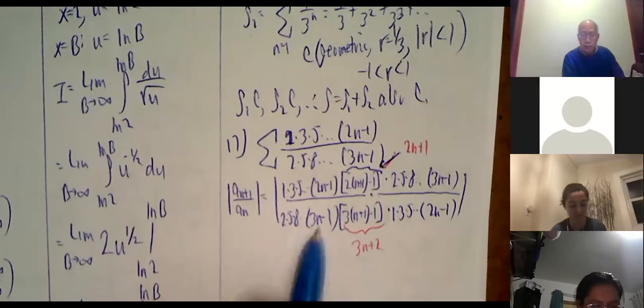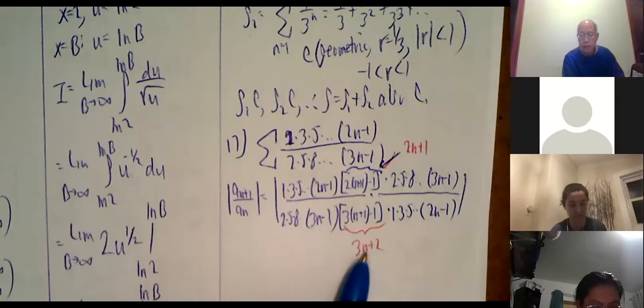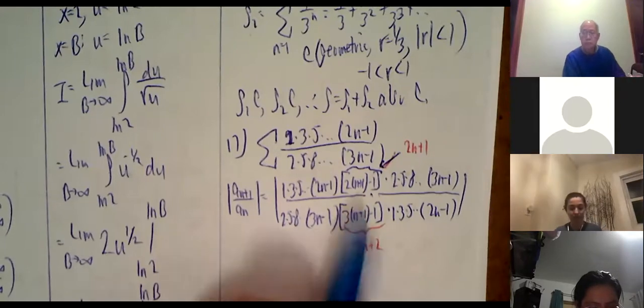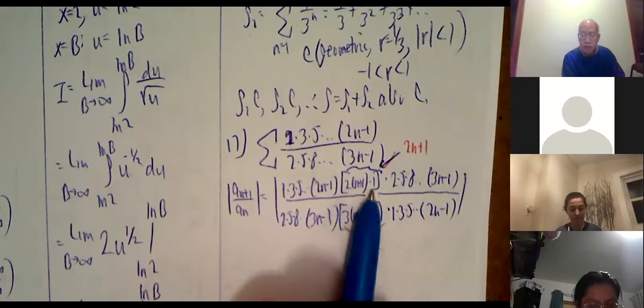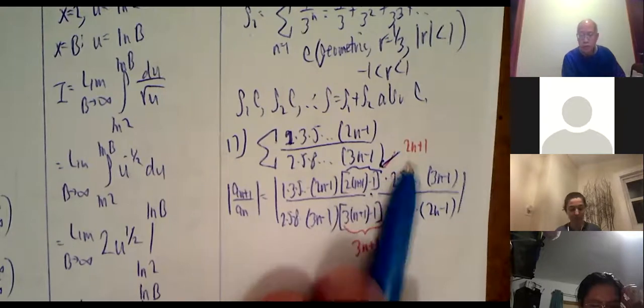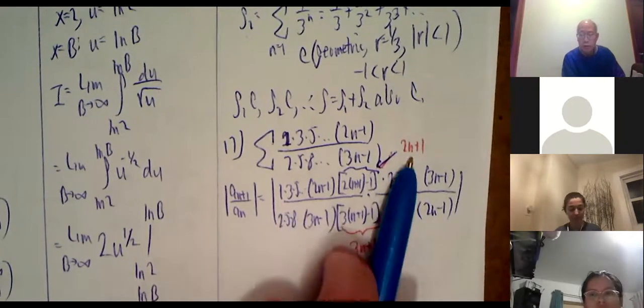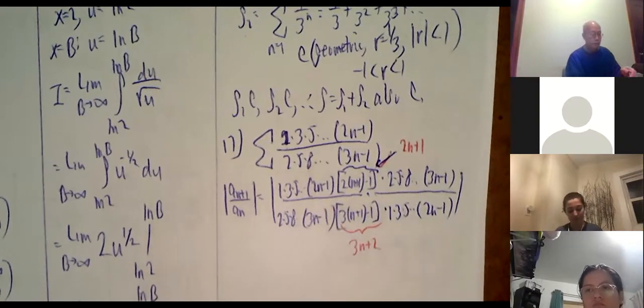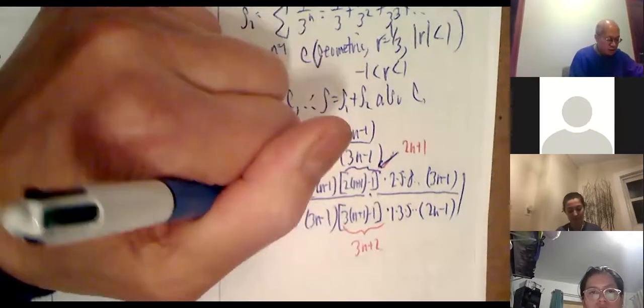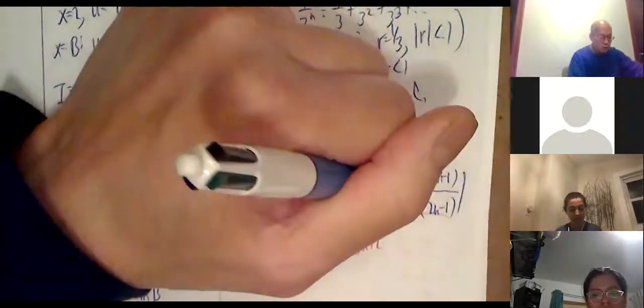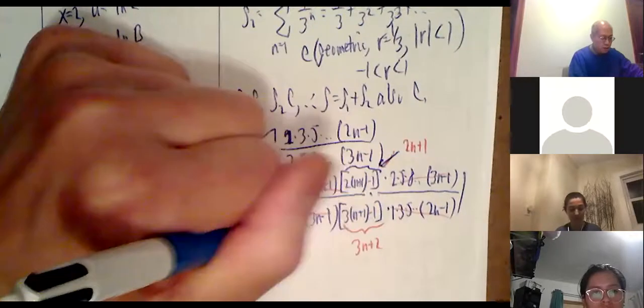These are all 3 apart, so the one just before this, I subtract 3, 3n minus 1. 2 parentheses n plus 1 minus 1 is equivalent to 2n plus 1. These are 2 apart, so the one just before this is 2n minus 1. And look at this. All of that cancels all of that.